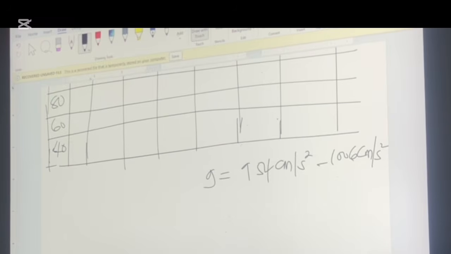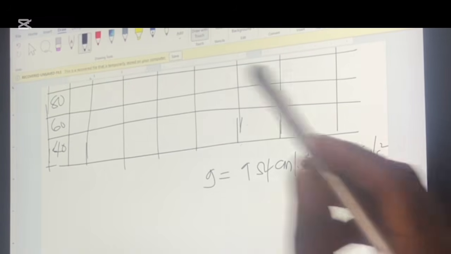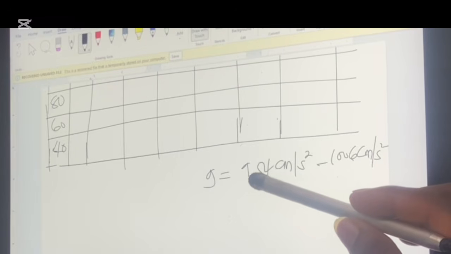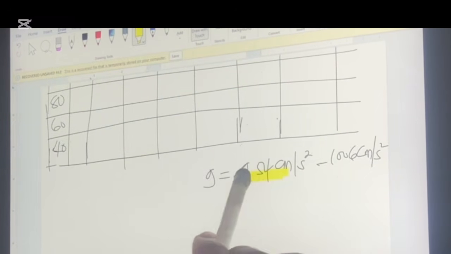Remember this is in cm, it's not in meter. If you want to convert this to meter, you divide it by 100.